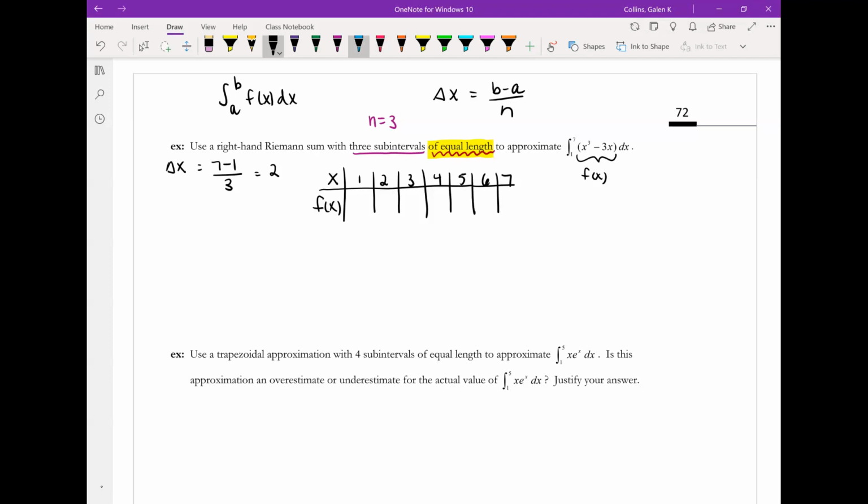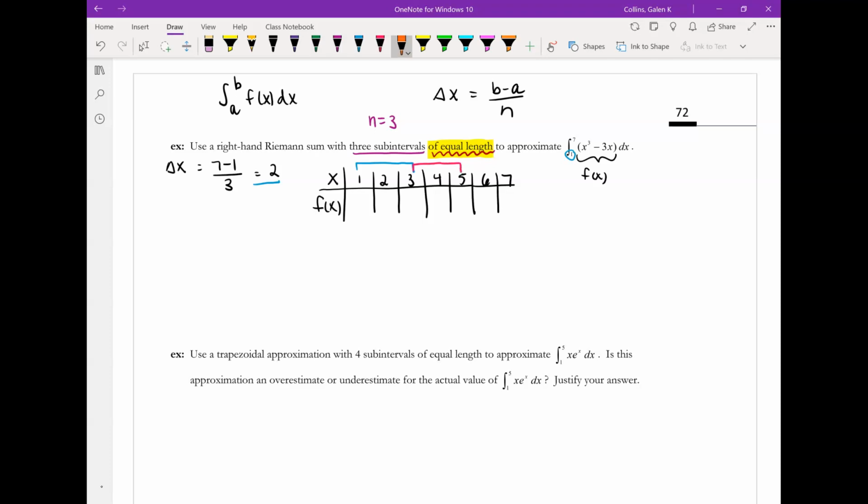Since the subintervals for this problem have a length of 2, I'm always going to start my Riemann sum rectangle at the a value. So the first rectangle starts at 1, and 1 plus 2 is 3. Then my second rectangle starts at 3, and 3 plus 2 is 5.